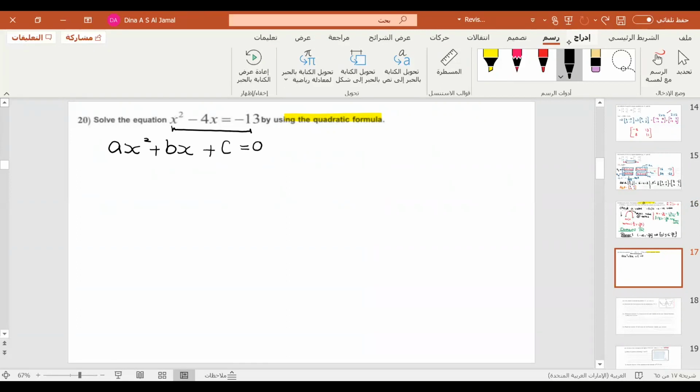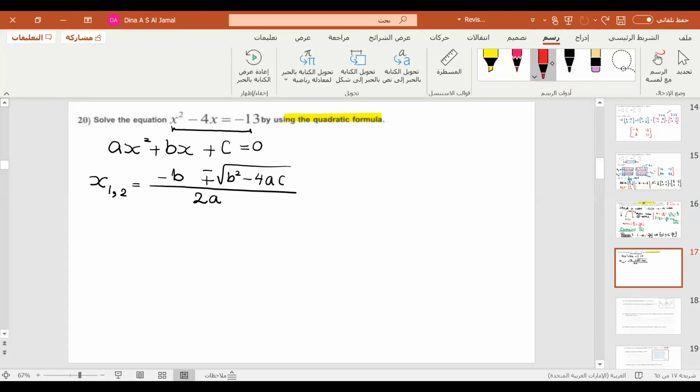And your quadratic formula will be x1, 2, because it will give you two values, minus b plus or minus the square root of b squared minus 4ac over 2a. So I advise you first to get your b squared minus 4ac. It will tell you about how your zeros will be, and it is called the discriminant.